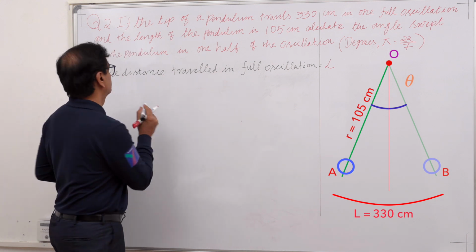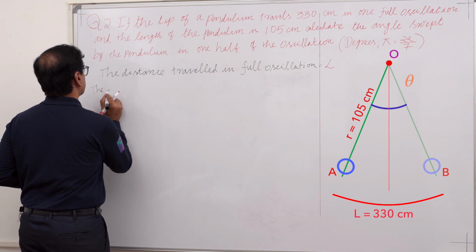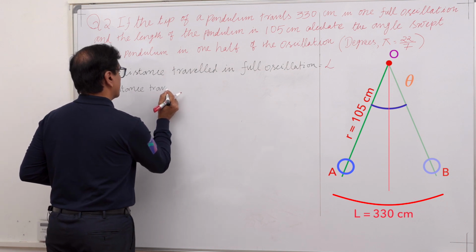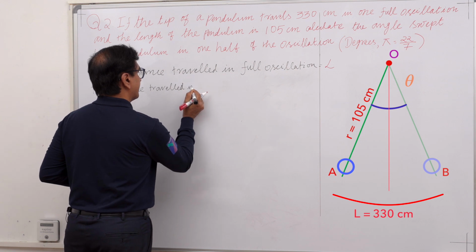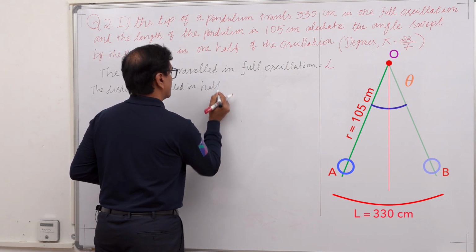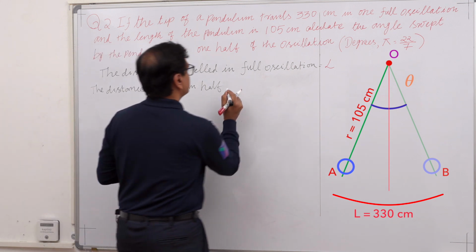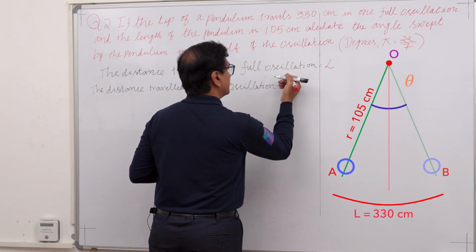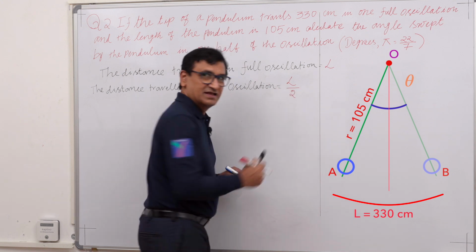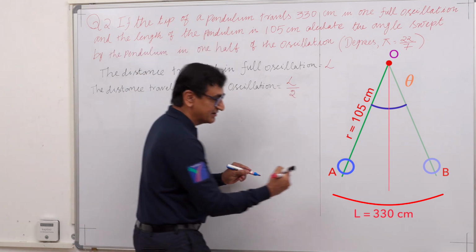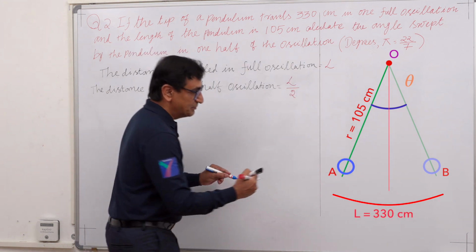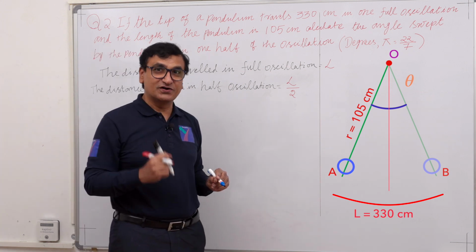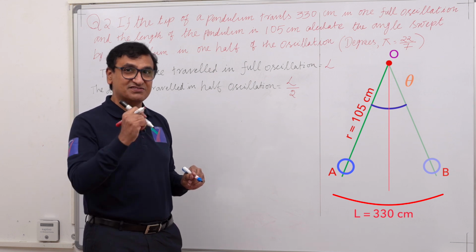It is L divided by 2. The distance travelled in half oscillation is the arc length AB, because the pendulum describes a circular arc while oscillating from A to B. The formula for arc length of a circle is r theta, and theta is in radians.